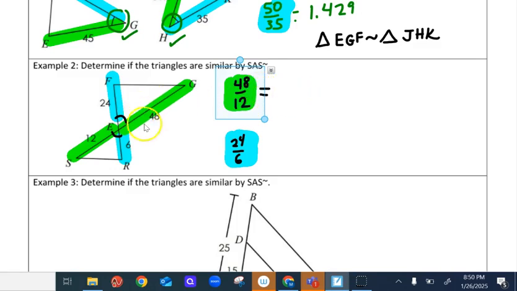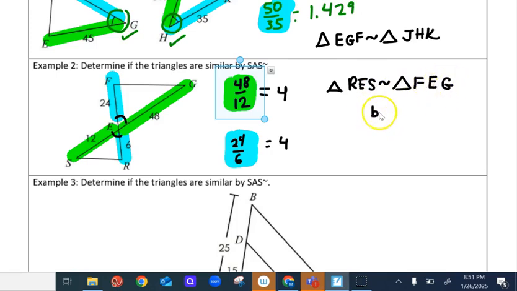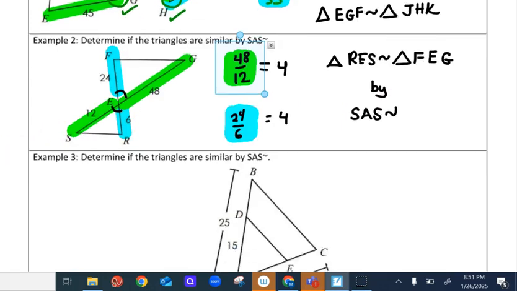This time I decided to use the bigger number first so that you can see as long as you keep them consistent, here we see that we do get the same scale factors, so these are similar. Let's make sure we write them right. I'll do blue and green again. So RES is similar to FEG by the side angle side similarity theorem.